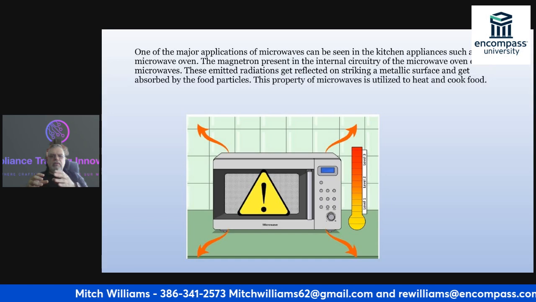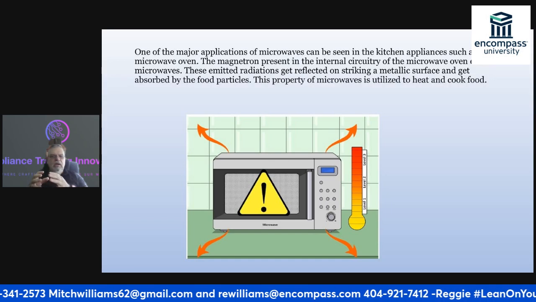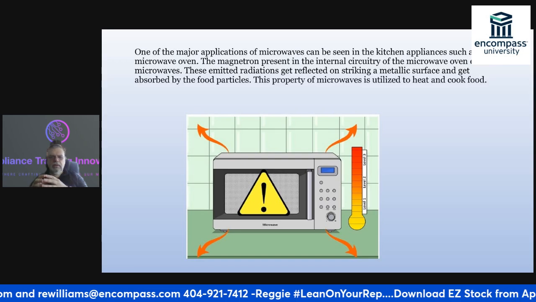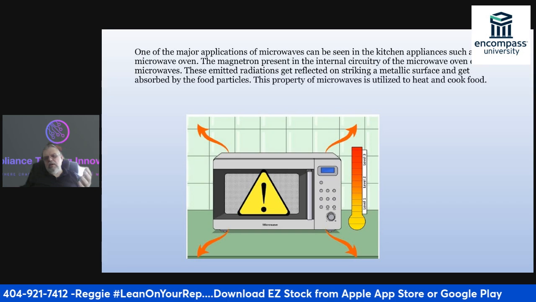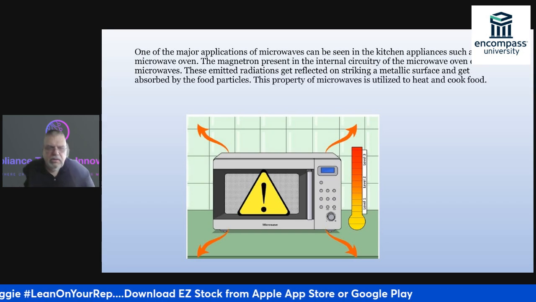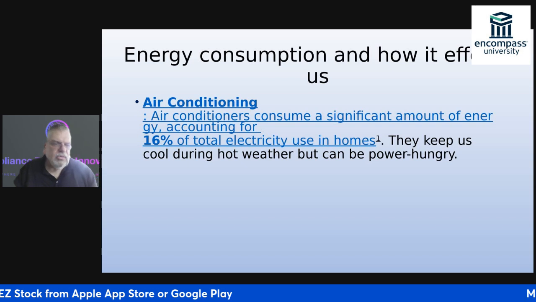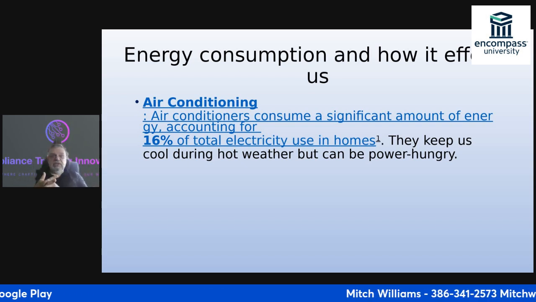This property of microwaves is utilized to heat and or cook food. That's the whole purpose of a microwave, to either reheat or cook, although most of the time, if you're not using the right thing, you get a lot of rubber tasting.